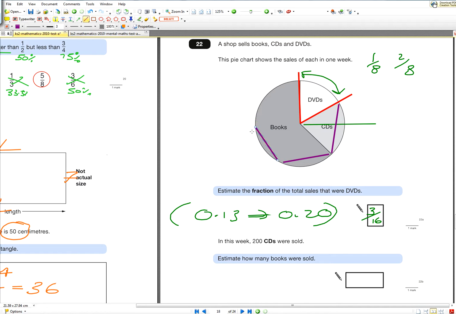Okay, that one is okay. Make it a bit smaller. Okay, another one here, and then another one here.